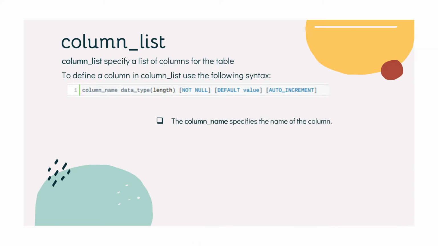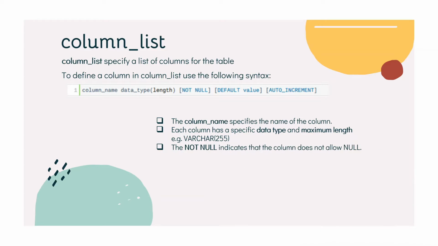Okay, the most important components of this syntax: first is the column name. It specifies the name of the column, and then each column has a specific data type and maximum length, for example, varchar 255. Okay, and then not null indicates that the column does not allow null values.